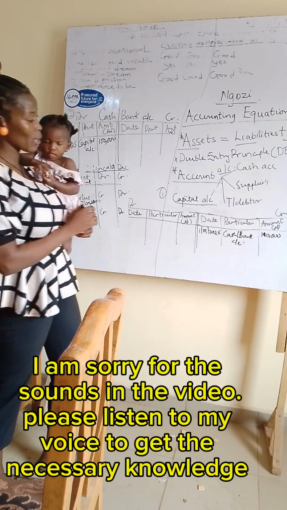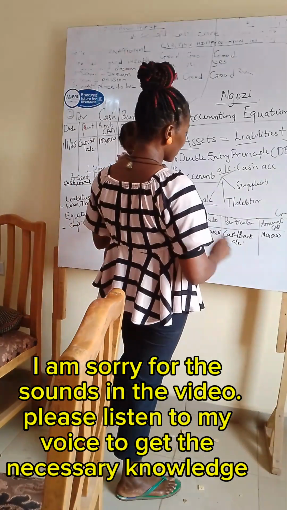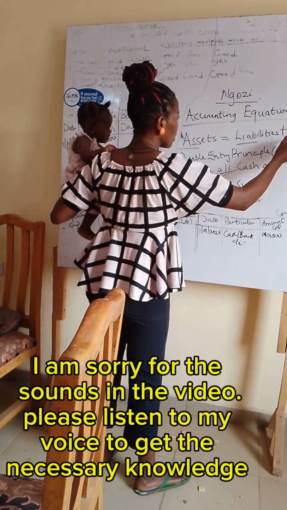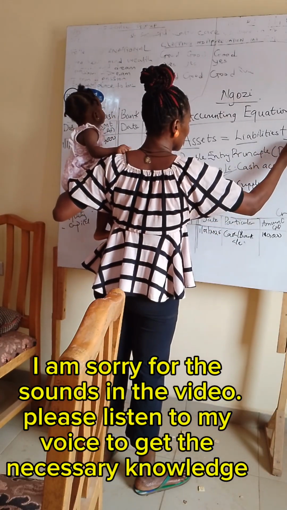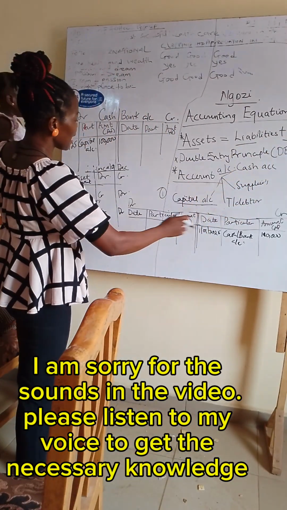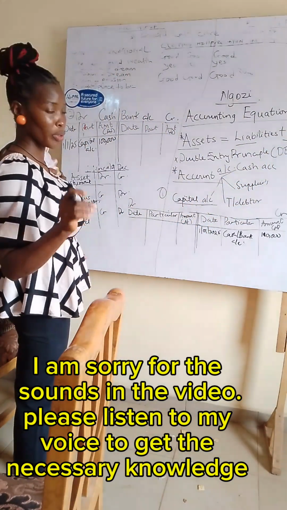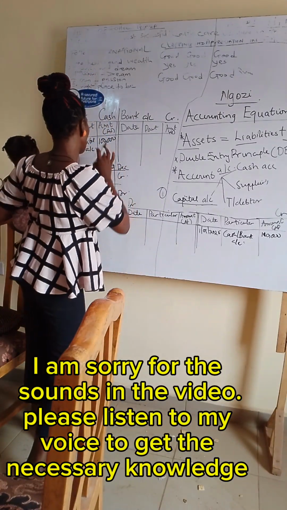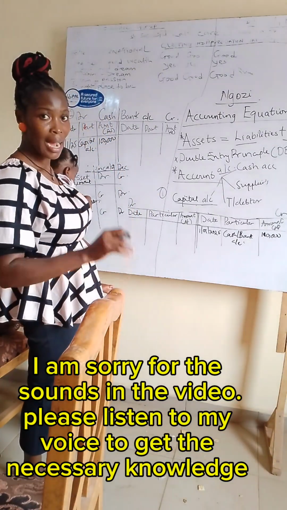Alright, now say we have 100,000 naira. This 100,000 naira in this equation, using the capital account, is under what? Equity. So that is our capital account. Okay? Now, do you have any liability in this account? No, you don't have any. But we also have what? Our asset account, which is this cash at bank. And how much is there?